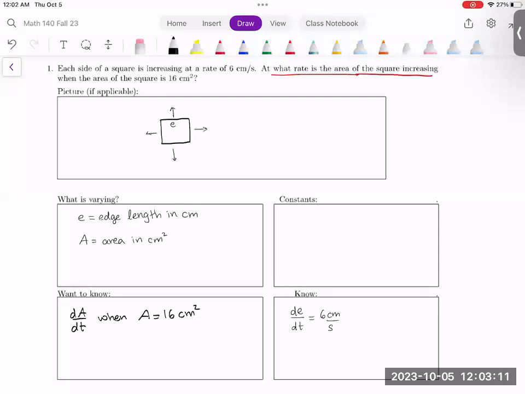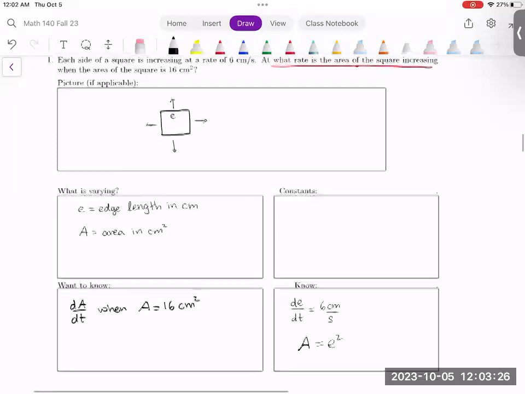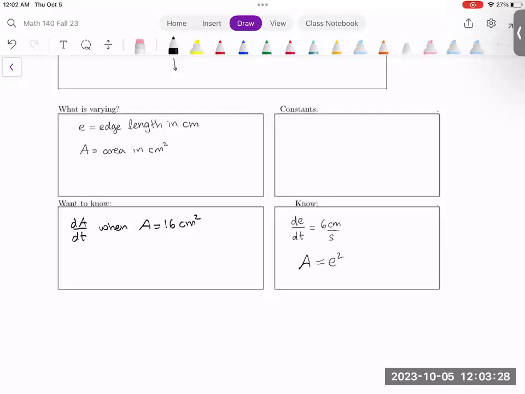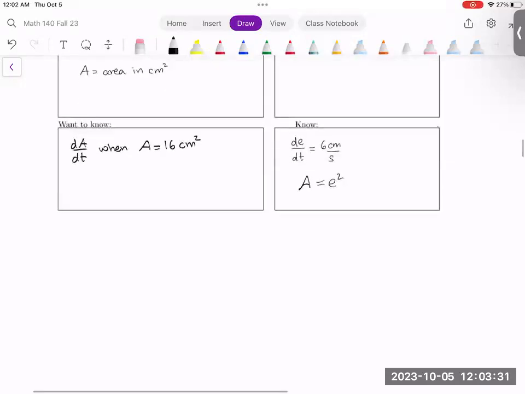And let's think too about an equation that relates what we know about edge length with what we're interested in, area. This equation is area is equal to the edge length squared. Okay, so from this relationship, we can take derivatives. The derivative of A is dA/dt.